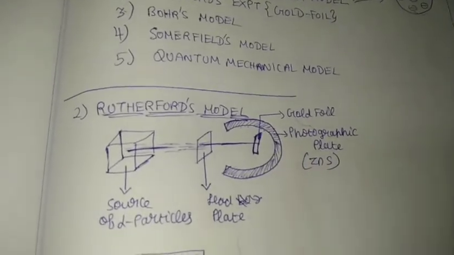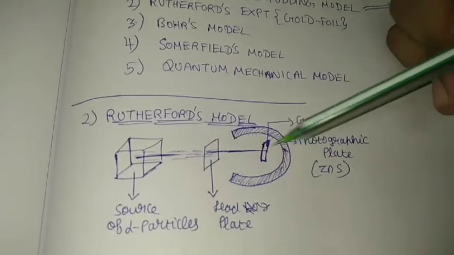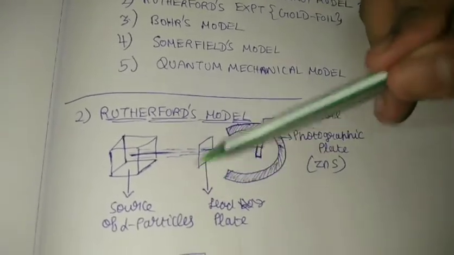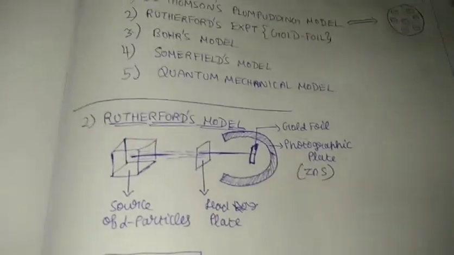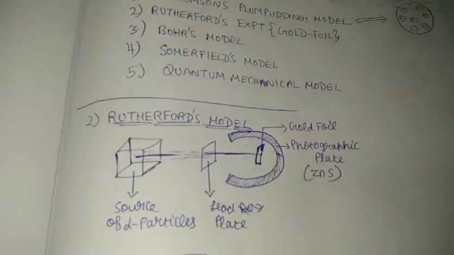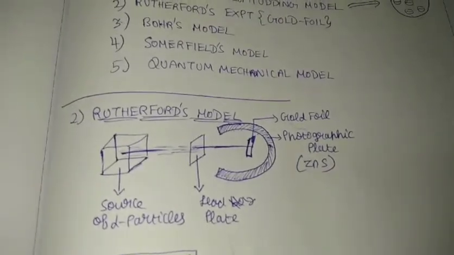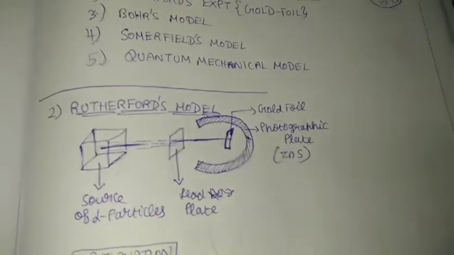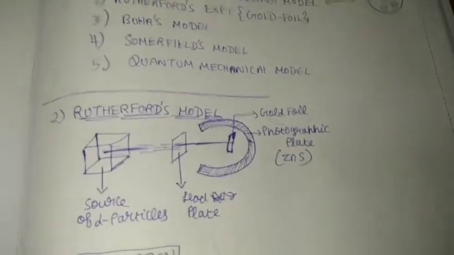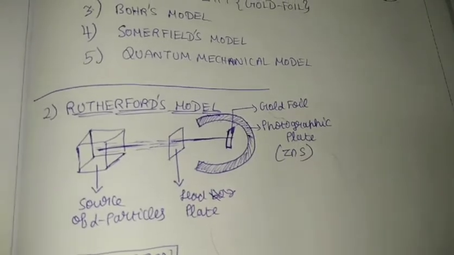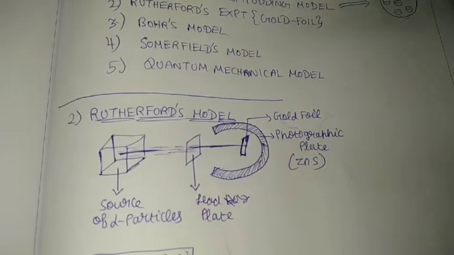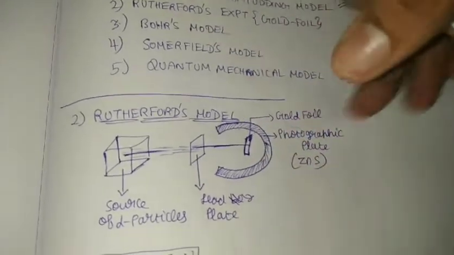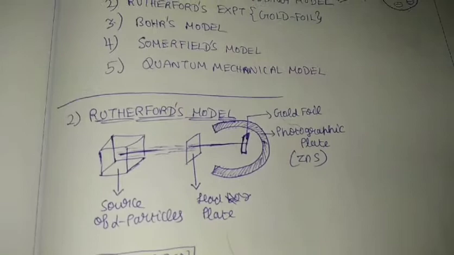So it is allowed to pass through the gold foil and intervened by a lead plate, because there's something called radioactivity, which I'll explain after the models. Radioactivity causes harm. Radioactive radiations like alpha rays, beta rays and gamma rays are all harmful. Lead is one of the most known metals able to absorb radioactive radiations.